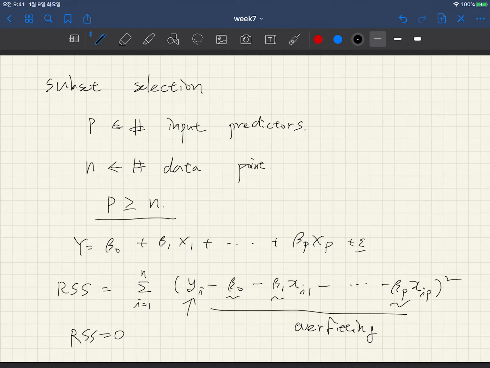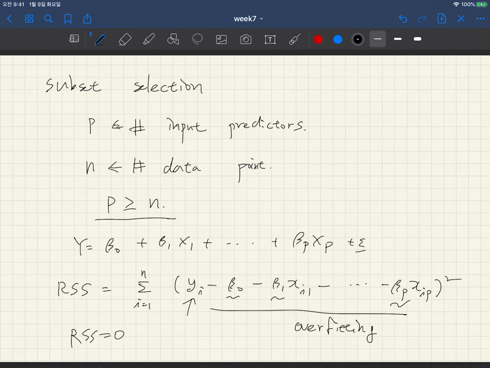To resolve the overfitting, we have to find a subset of your input predictors. But in this process, we cannot randomly select a few input predictors, because among p input predictors, of course, there are some important input predictors and some redundant ones. So we have to very carefully choose a subset of input predictors. Also, we don't know which size is the best.